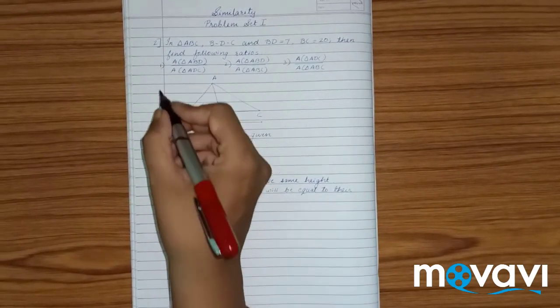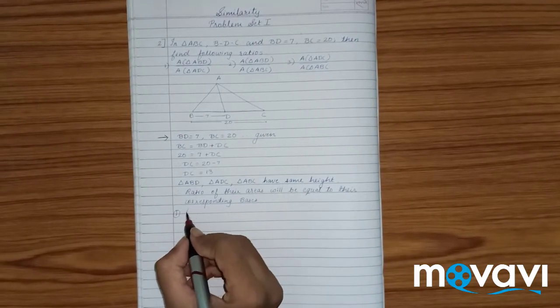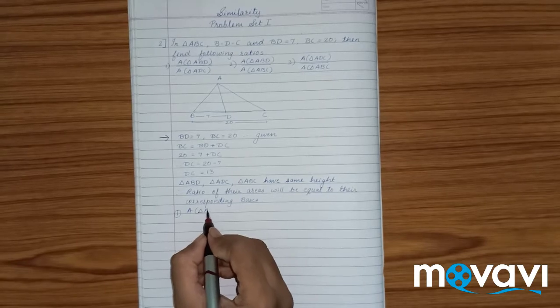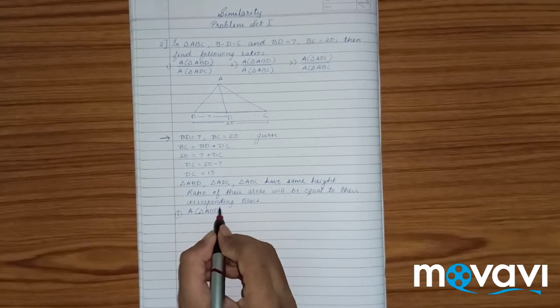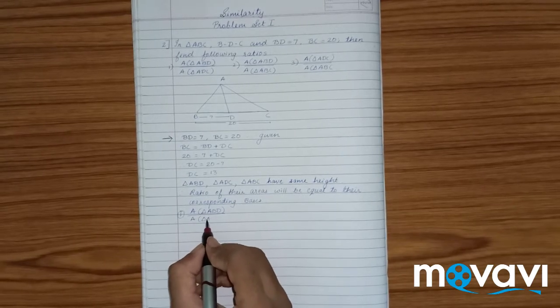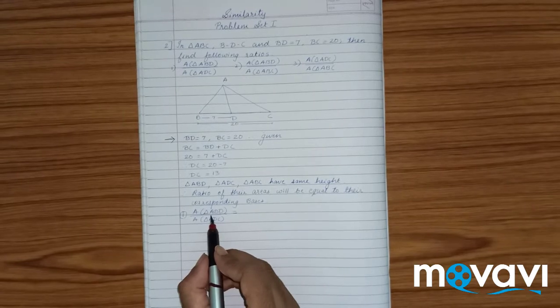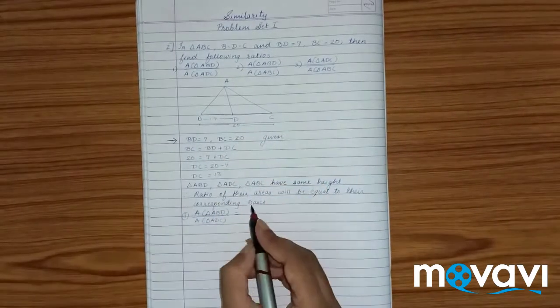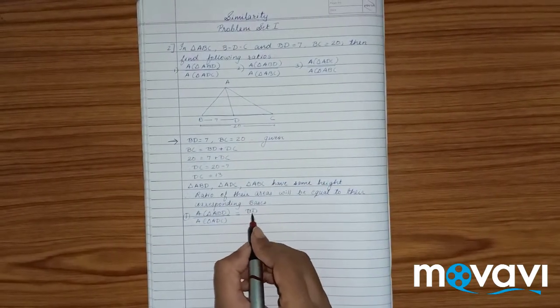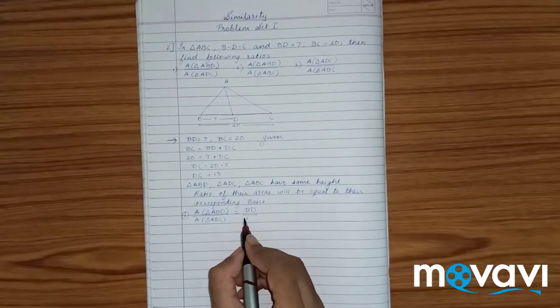So let's write down the first one that we are supposed to find, that is area of triangle ABD upon area of triangle ADC. Now what is the base for ABD? The ABD base is BD, upon, for ADC the base is DC.